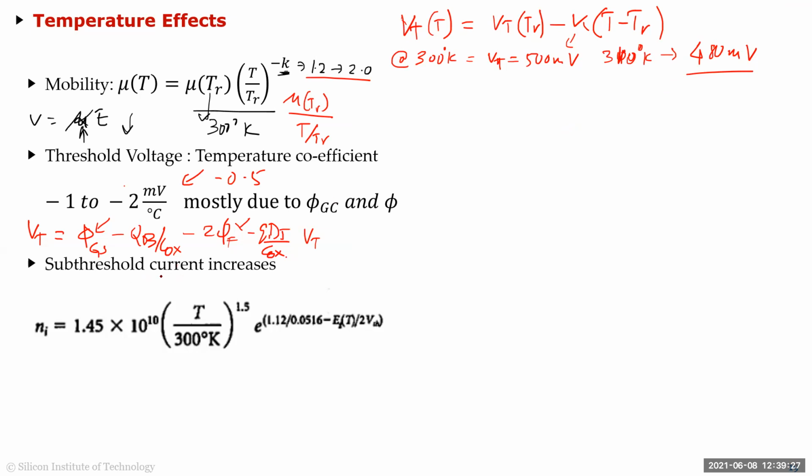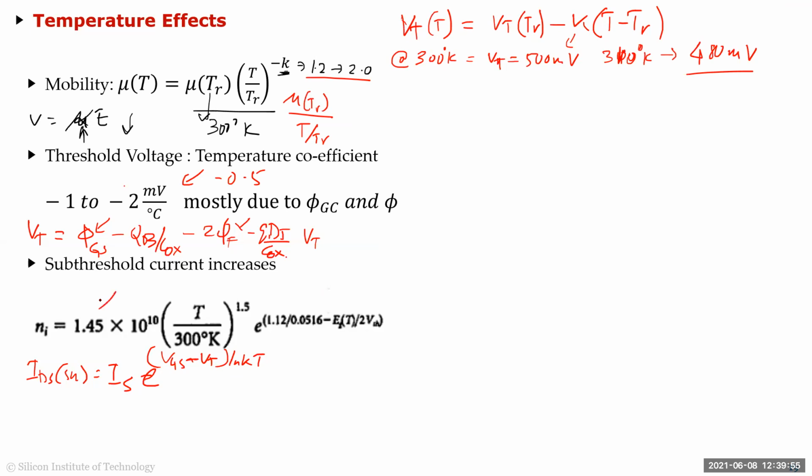And then the subthreshold current. I had shown you that IDS in subthreshold is equal to IS times e to the power (VGS minus VT) over (N times kT over q), right? So this actually increases, mostly because your minority carriers are increasing with temperature, right?